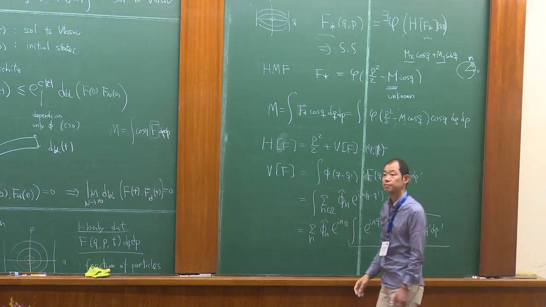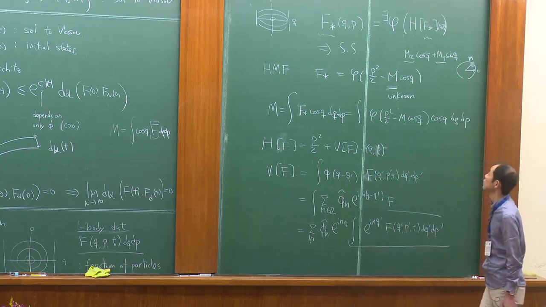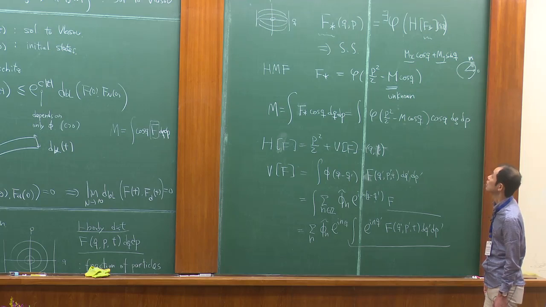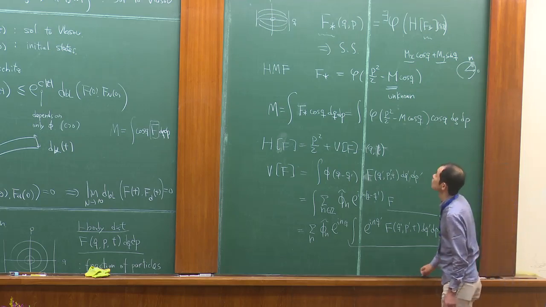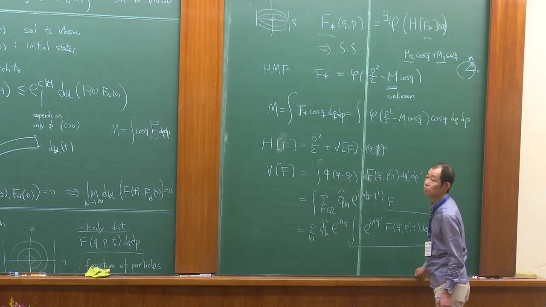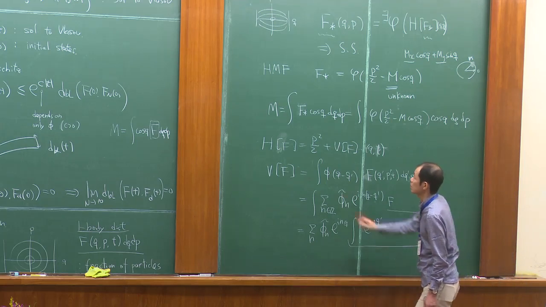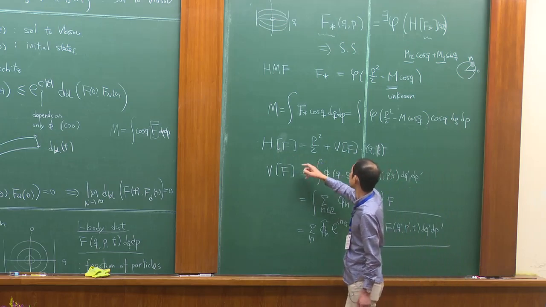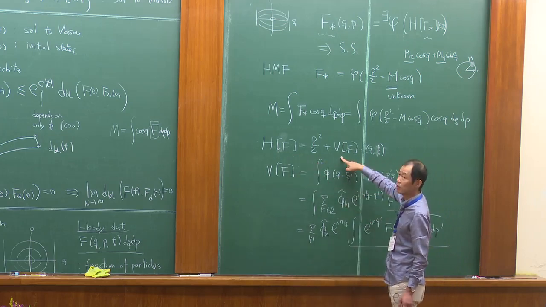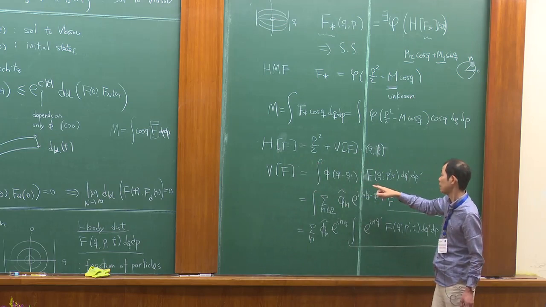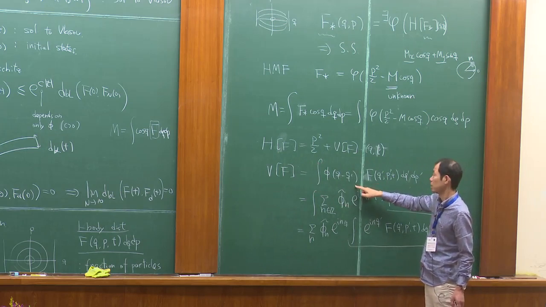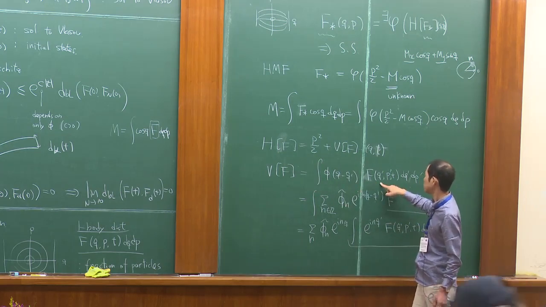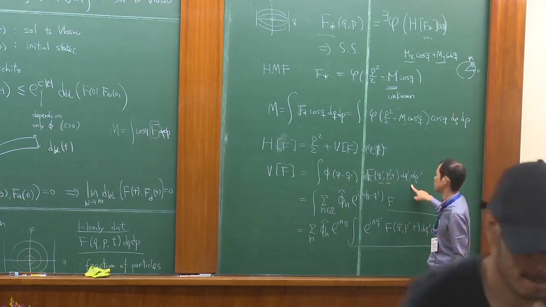The V of it is a function of only Q, no? There is no P. In the single particle Hamiltonian, H of f, P squared by 2 plus V of f, which is a function of only Q. So the definition is this: the Q part and the P part are integrated out.